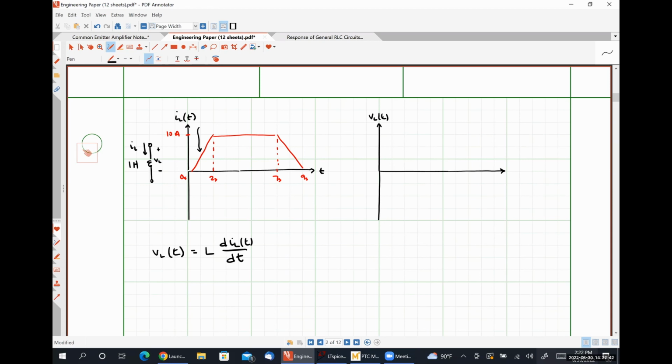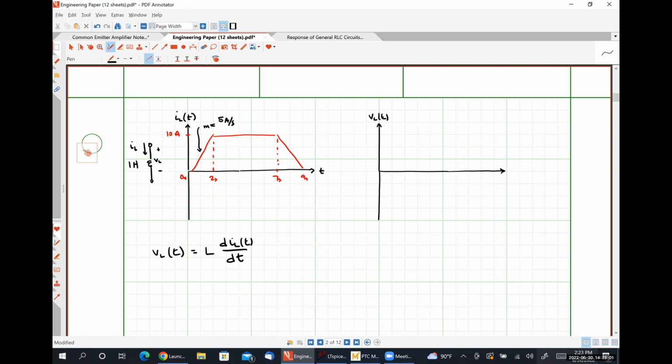And the change has a slope m equal to 5 amps per second, because we have a total change of 10 amps over a total duration of 2 seconds.